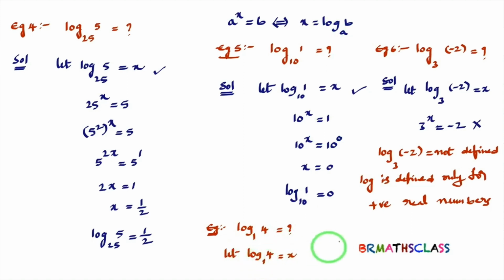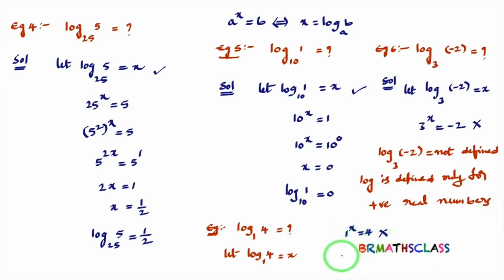As per the definition, this can be written as 1 power x equal to 4. You identify the x value such that 1 power x is equal to 4. 1 power what number is 4? 1 power 4 is 1 only. 1 power 3 is 1 only. 1 power what number will give you 4? You cannot find an x value such that 1 power x is 4.